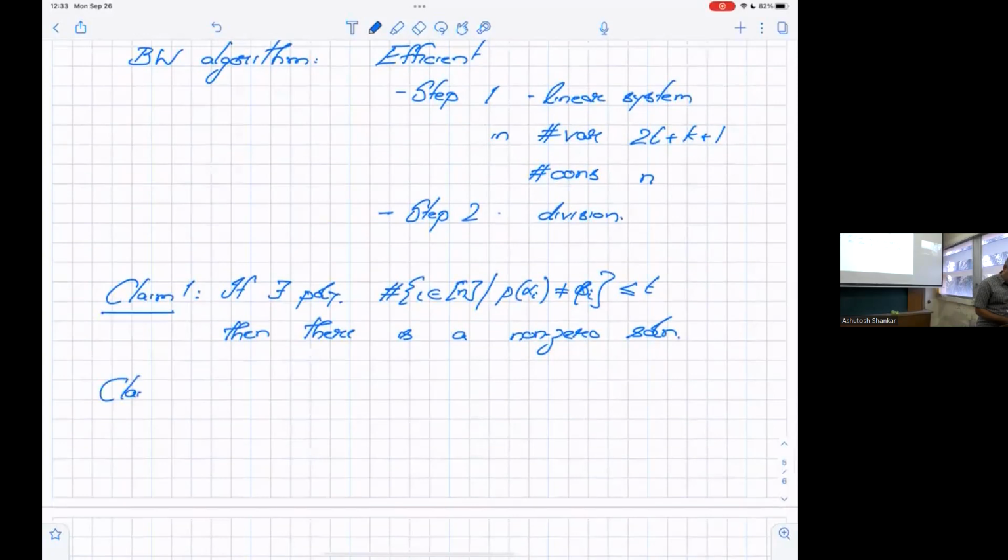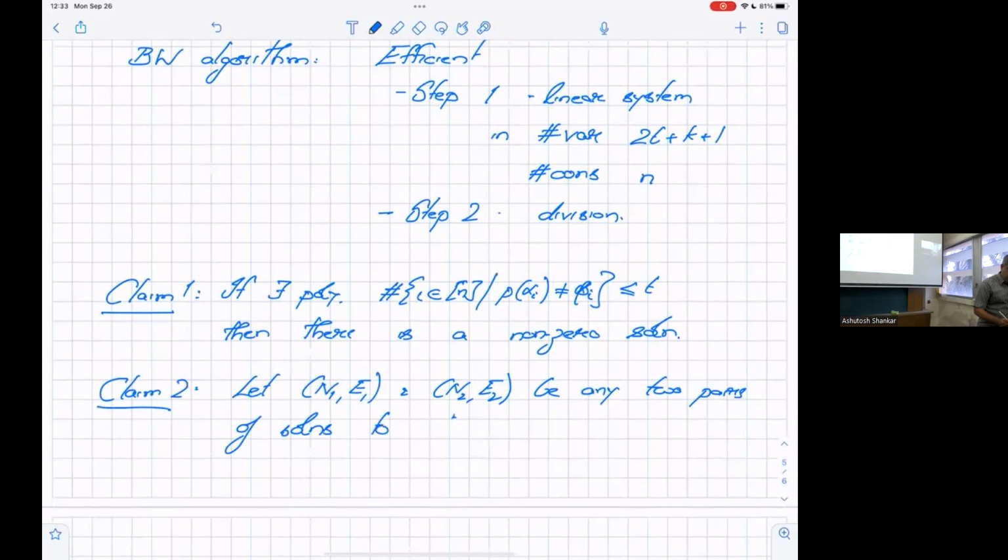Claim 2. Let (N1, E1) and (N2, E2) be any two pairs of solutions to step 1. Then N1 divided by E1 is identically equal to N2 divided by E2.